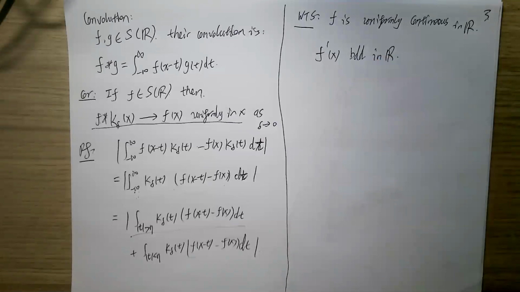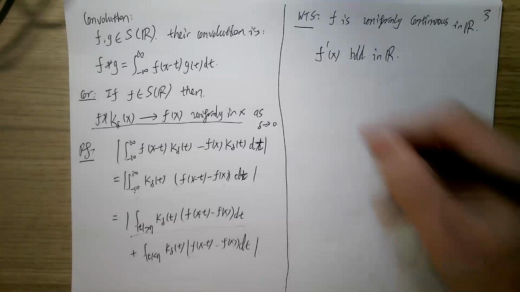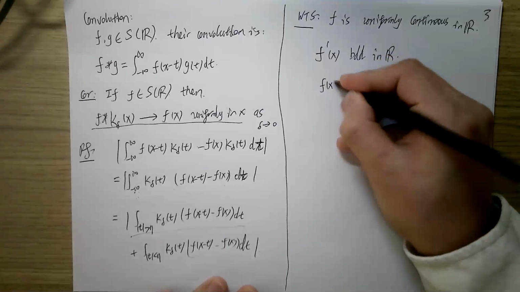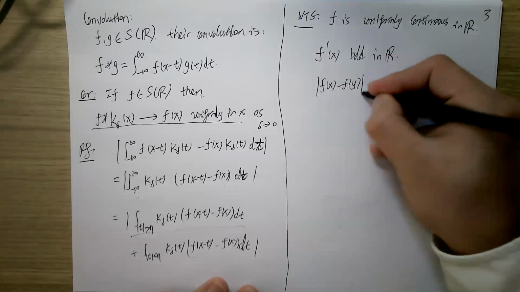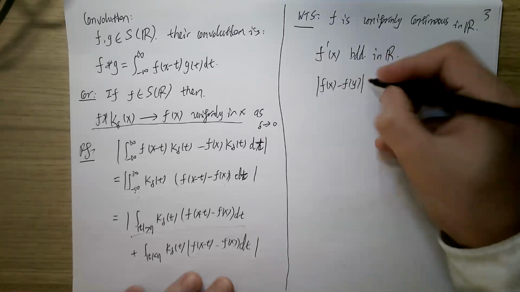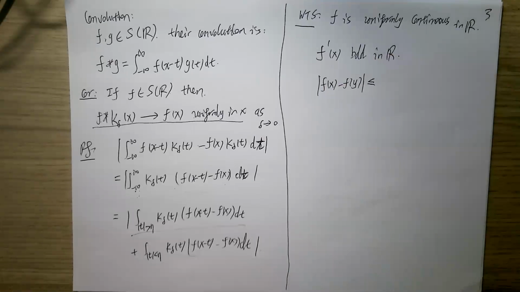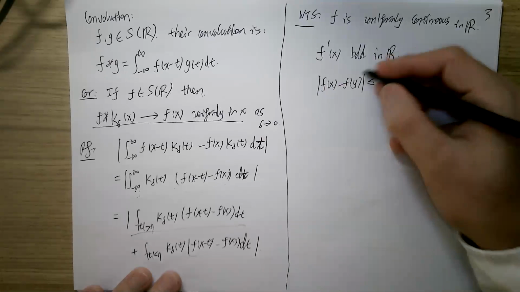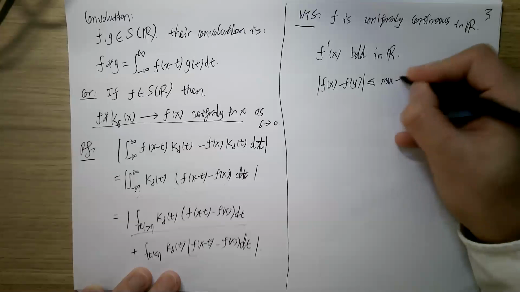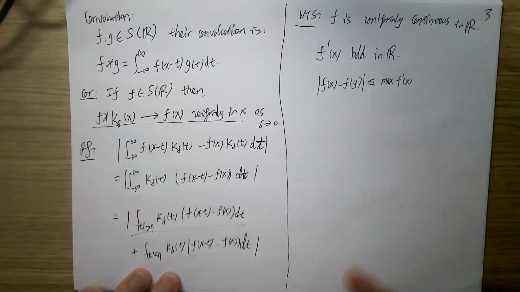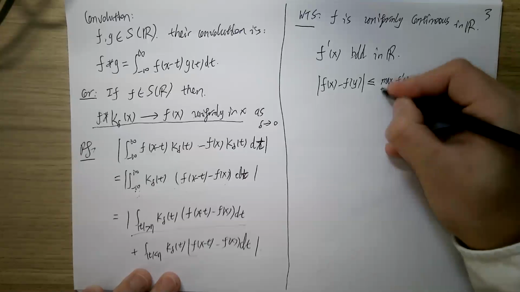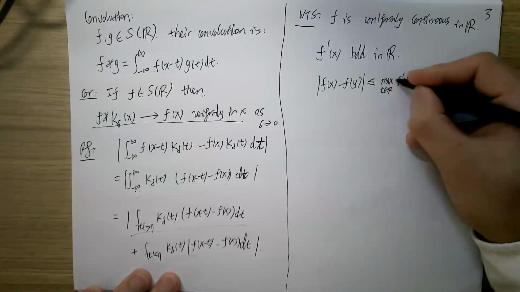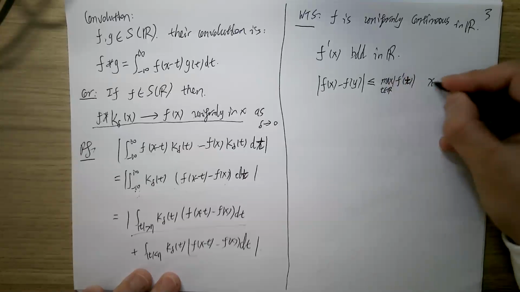That's right. So you can see that f prime is bounded above in R. If you have f(x) minus f(y), by the mean value theorem, this is always less than or equal to the maximum of f prime over R, times x minus y.